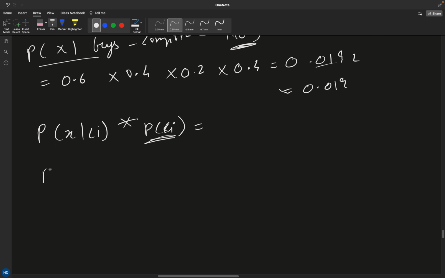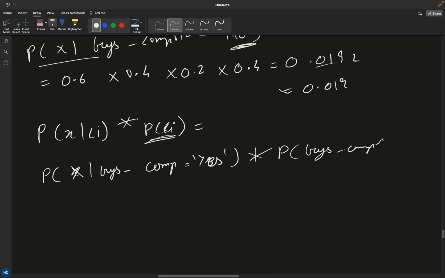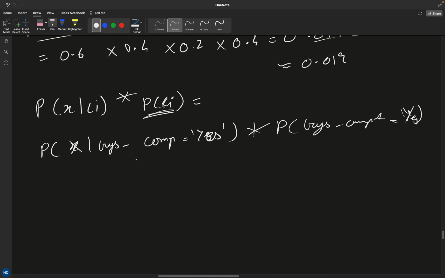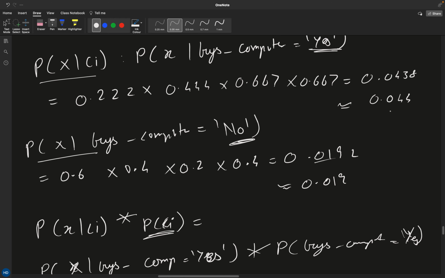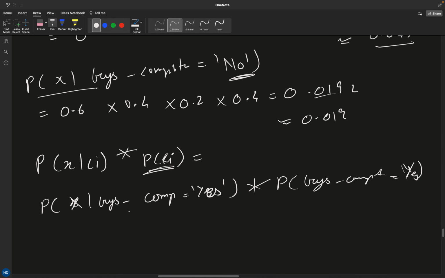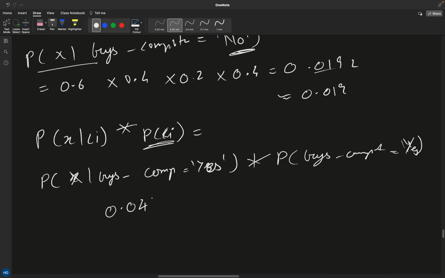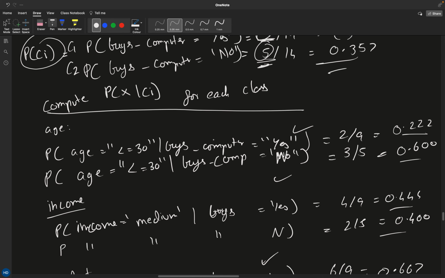So first is probability of X who buys a computer where the answer is yes, into probability buys computer where the answer is yes. This is for the whole data set वाला. तो again इसका क्या मिला था value? 0.044 into what did we get here?